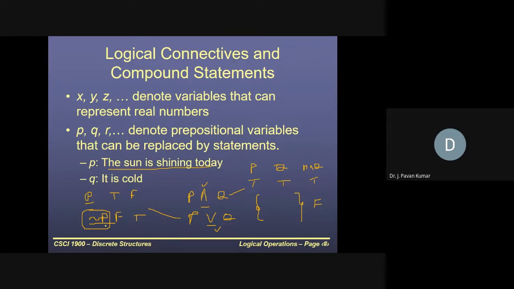Whereas and, or, these two are logical connectives, because they connect both the statements. That's why these are logical connectives. This is just a logical operator. Clear? Yes.